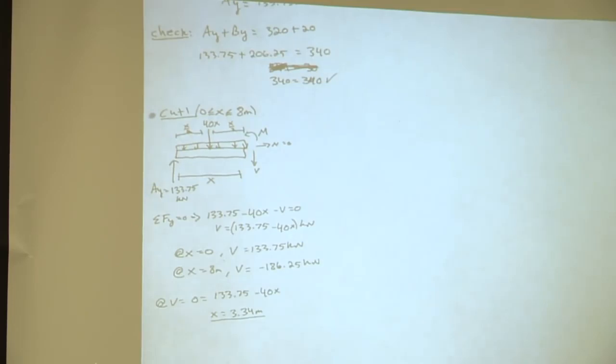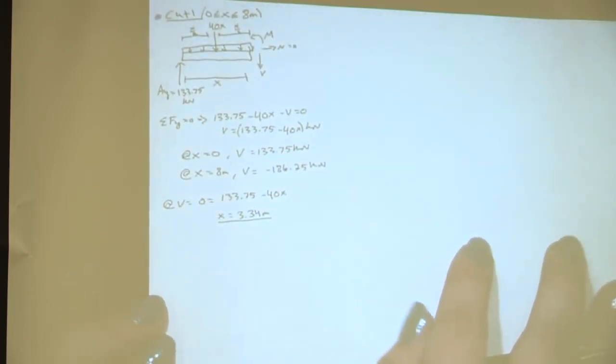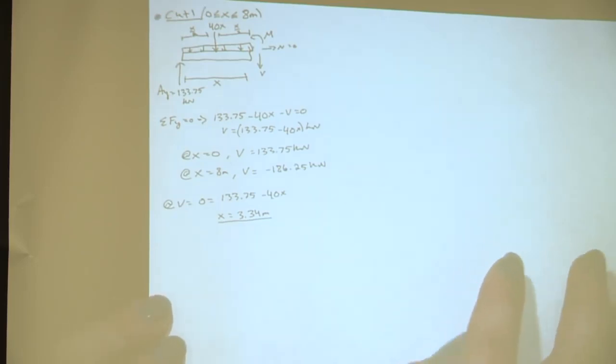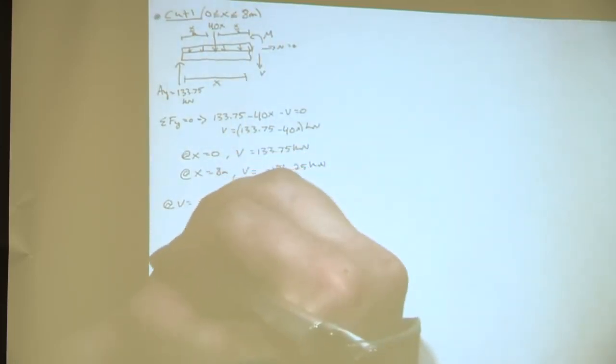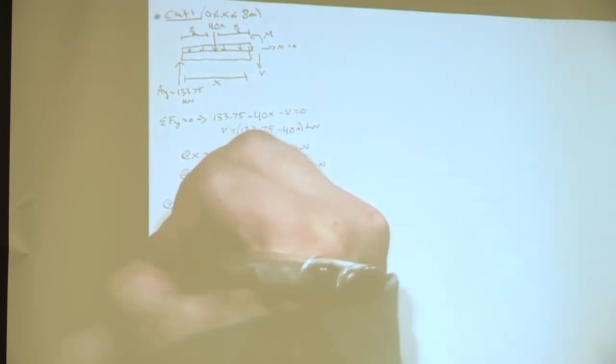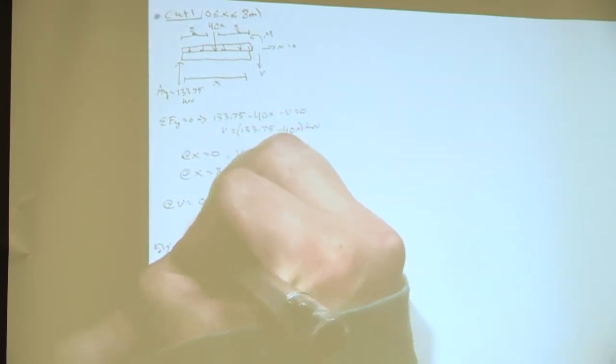Solve for the moments. Okay, awesome. So solve for the moment. And what equation do we use? Sum of the moments about A or at the cut section? Awesome. So take the sum of the moments, and we'll have our positive orientation as that.